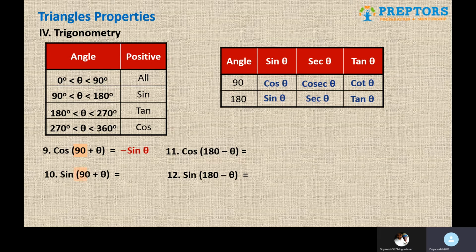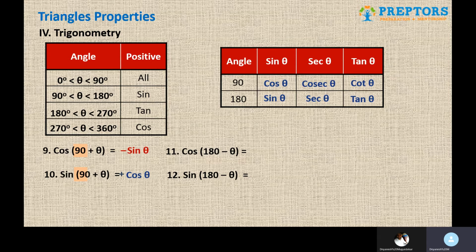The next one, sine 90 plus theta. 90 plus theta is in the second quadrant, and it is 90, so we should change, so it becomes cos theta, plus or minus, that depends on the ratio. In the second quadrant sine is positive, so this remains positive cos theta, no changes.